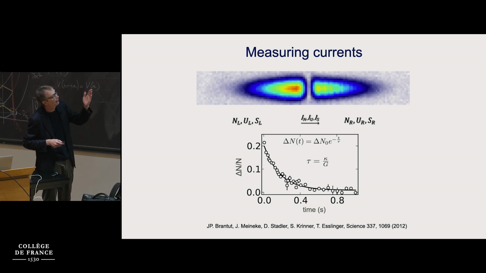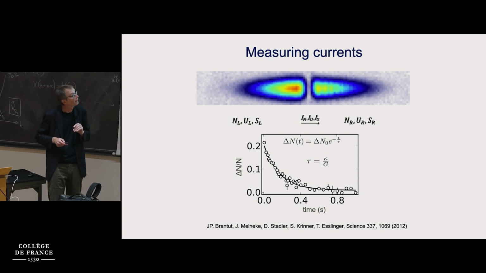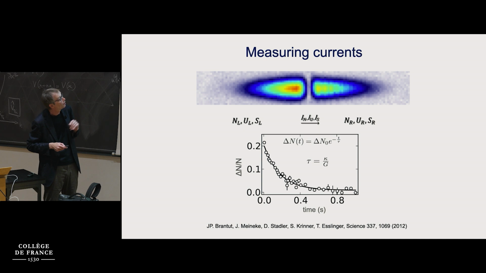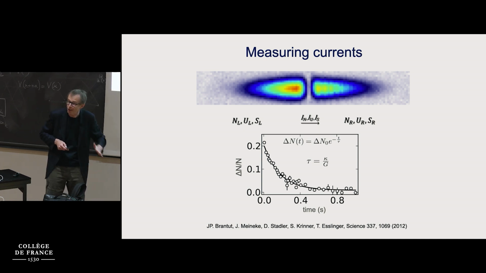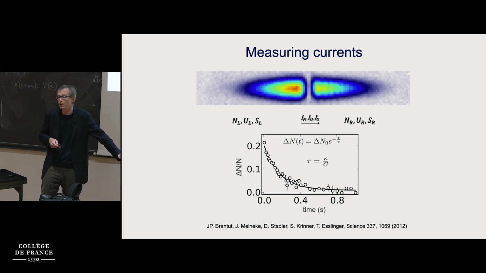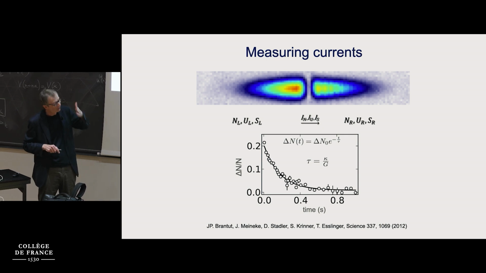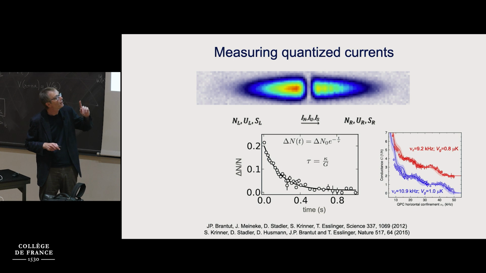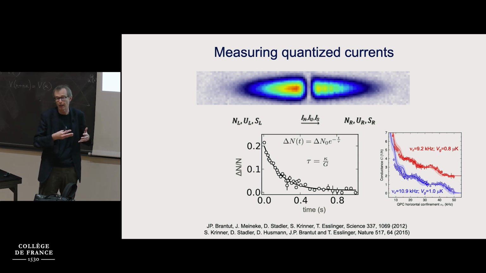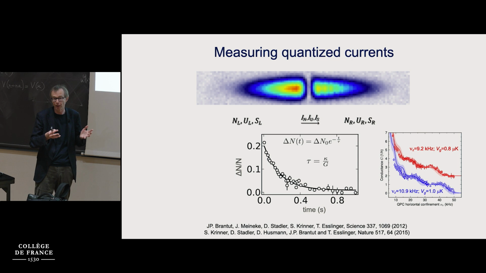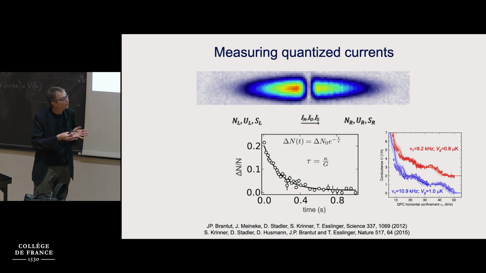And I mean, the first result that we had was simply an exponential decay of the number, so not a big surprise. But then we, of course, were wondering what is the decay constant, and that is given by the conductance, which depends on the number of channels. And then we thought, can we go to the regime of a single channel?